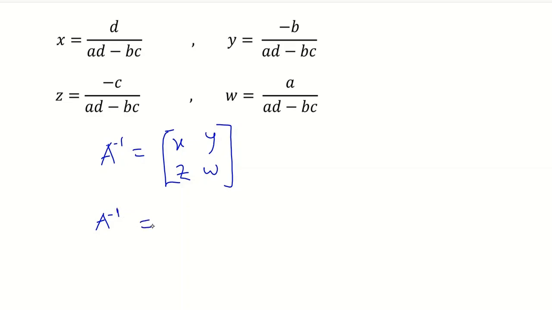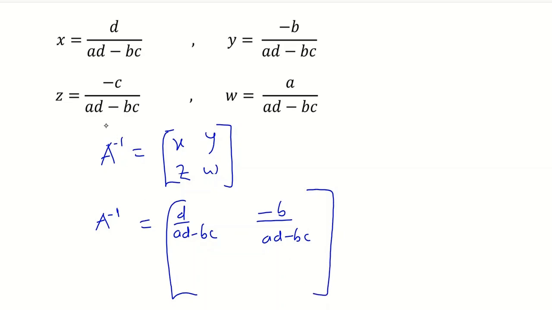We know our X to be equal to D out of AD minus BC, and Y is giving us minus B out of AD minus BC, and we know Z to be equal to minus C out of AD minus BC, and W now is A out of AD minus BC. At this point, we can see that AD minus BC is common in the four values, the values of X, Y, Z, and W, so we can factorize that out.